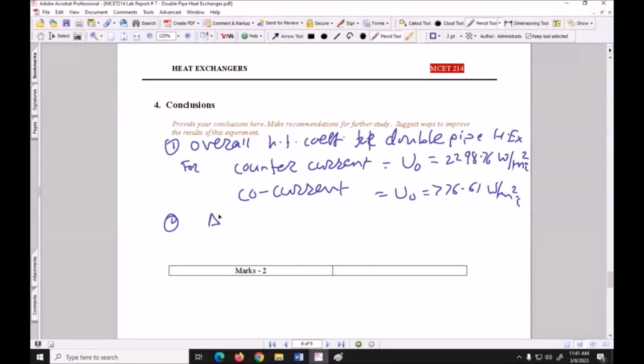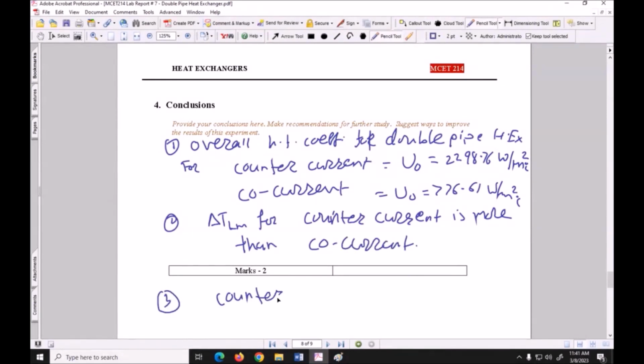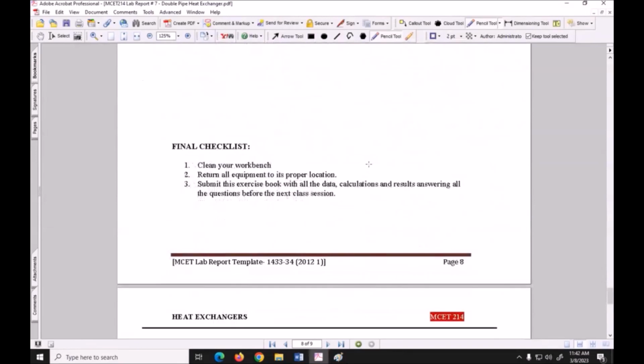LMTD, you can write, delta TLM for counter current is more than co-current. Number 3, counter current flow is more effective than co-current. This is more important conclusion, and now we'll stop here.